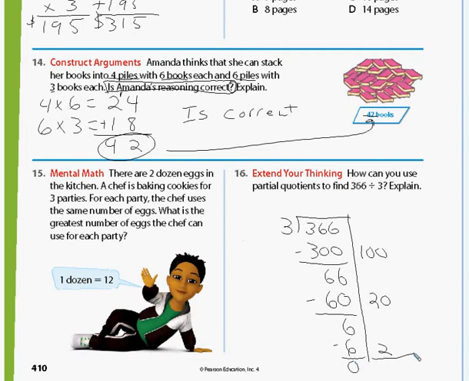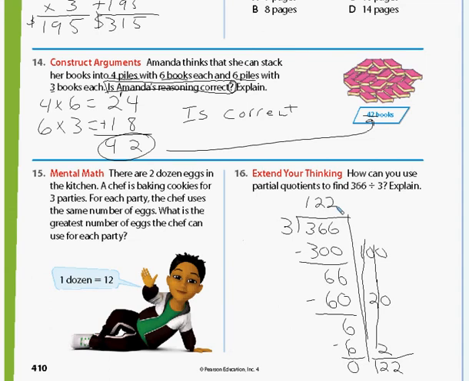I didn't do a real good job of keeping everything lined up here. It's important to always line up your place values when you're adding. So 2 plus 0 is 2. 2 plus 0 is 2. And then 1 plus nothing is 1. So that's 122. So 366 divided by 3 is 122.